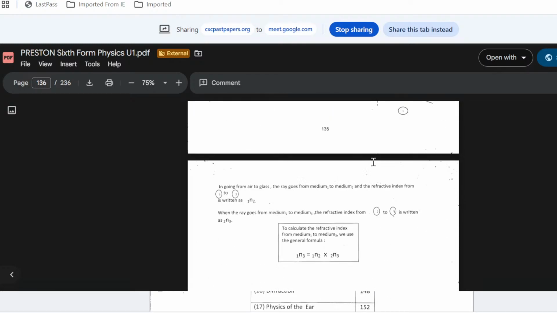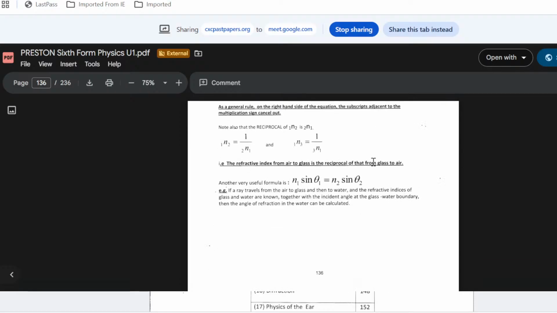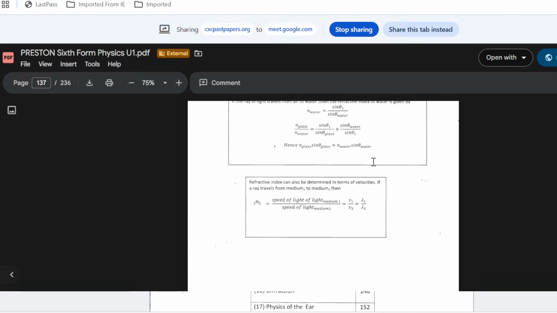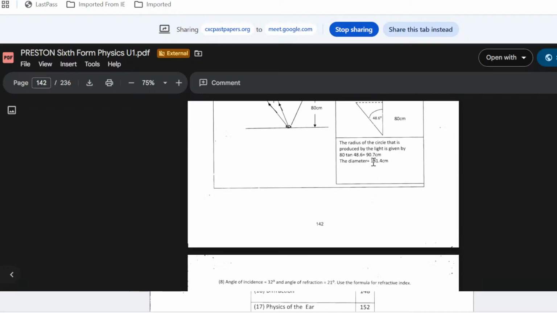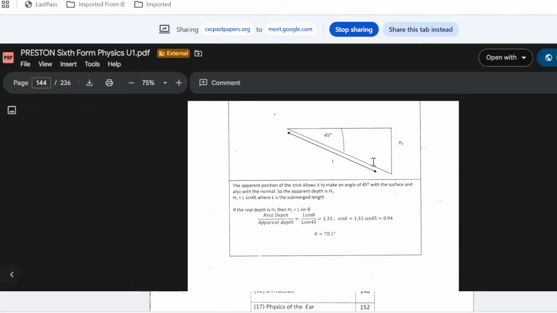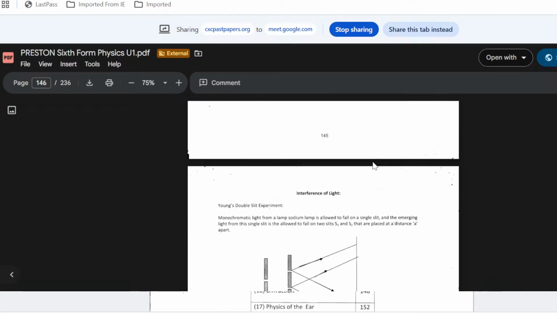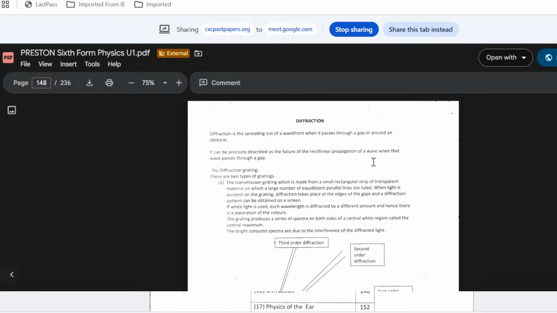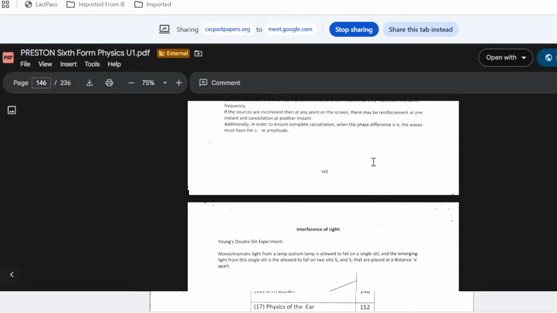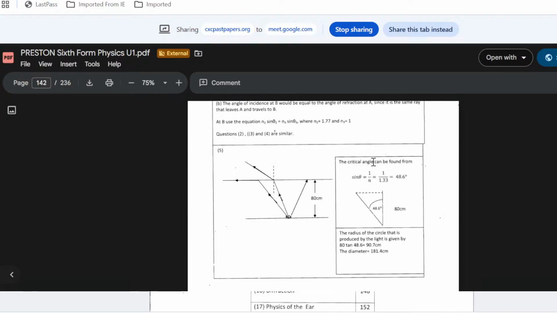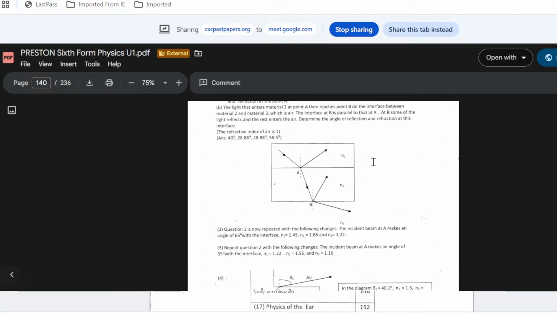I was going to ask, for this question, would you use the d sine theta equal m lambda equation? Yeah. Okay. Alright, did I pass it?